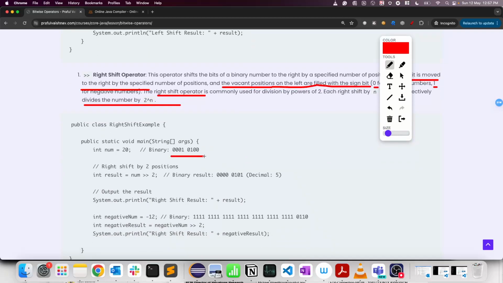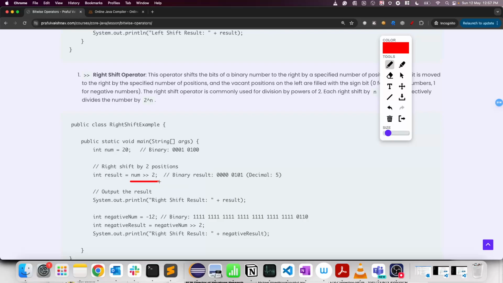Let's suppose this is the number 20. Here, what is the sign bit? The highest order bit is 0, so it is positive. If we shift to the right, the vacant position will be filled with 0.